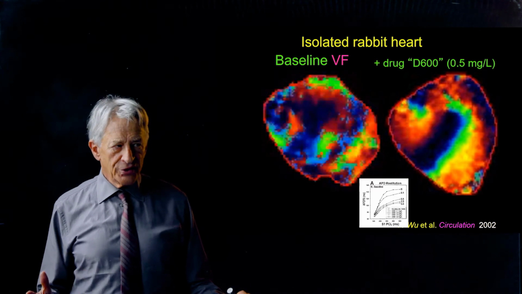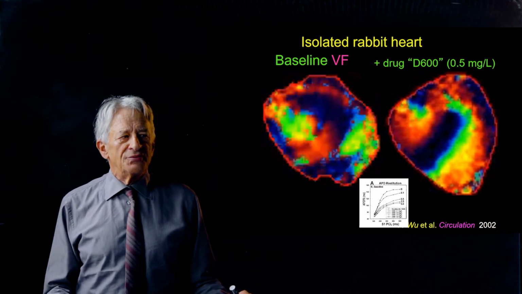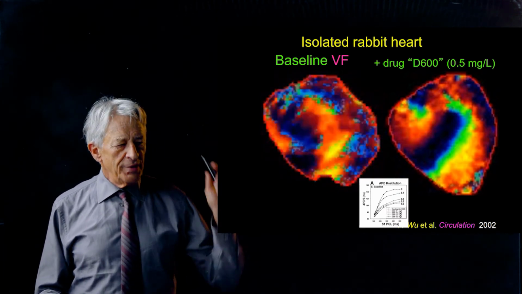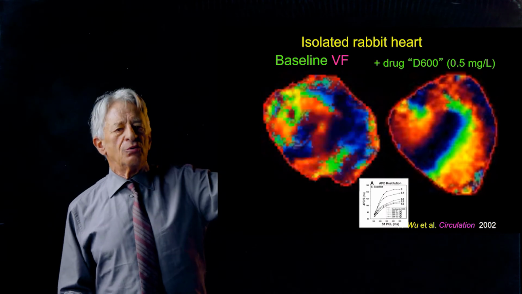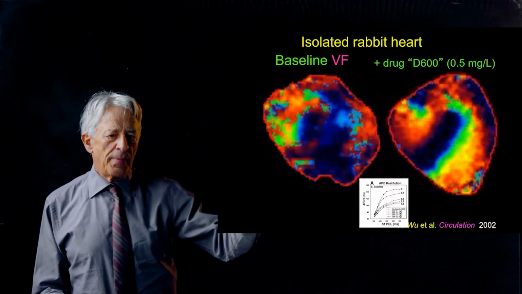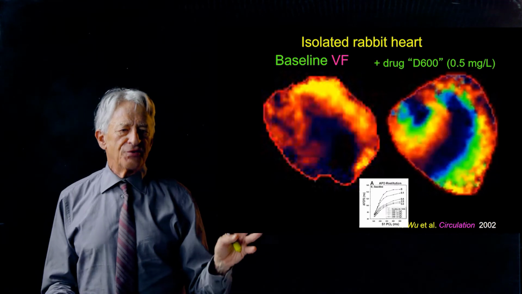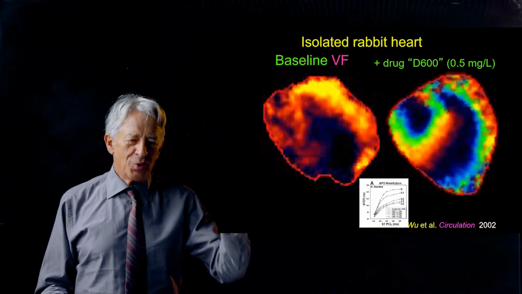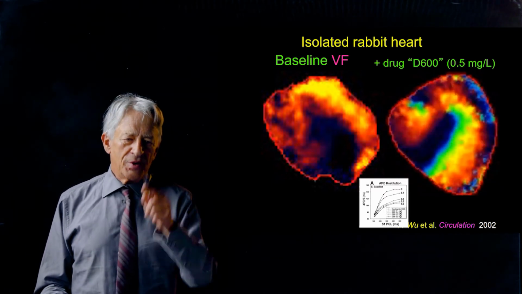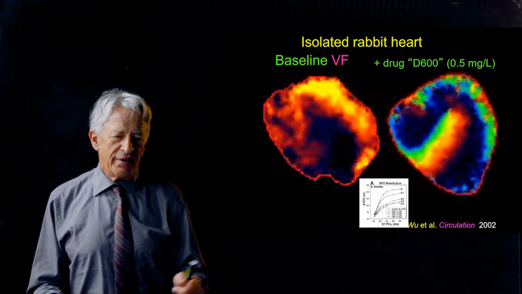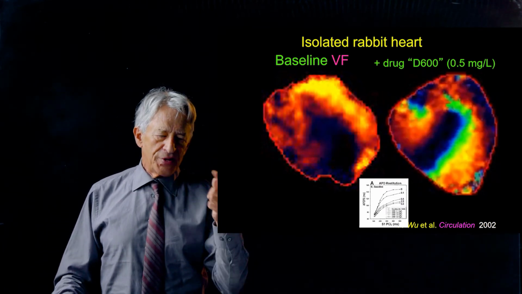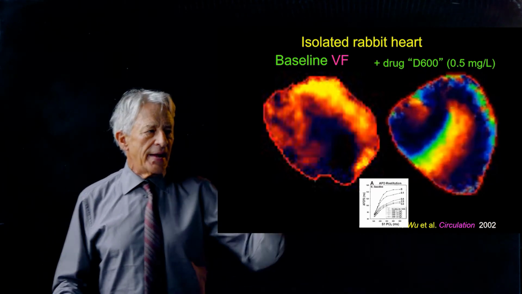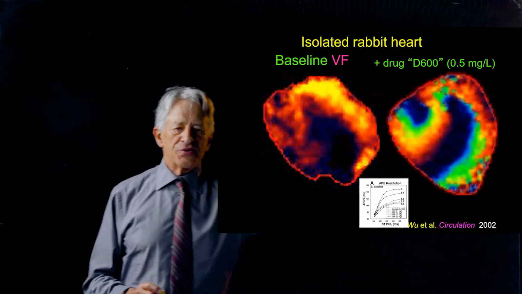You see how irregular it is. Doesn't seem to be following much of a pattern. As we begin to infuse this drug, which lowers the slope of the curve, the heart is converted from irregular to the same spiral wave, the same single periodic recirculating wave that we saw in the computer simulation. We can now see in the animal heart after we lower the slope of this curve.